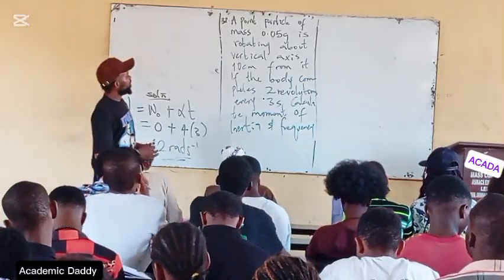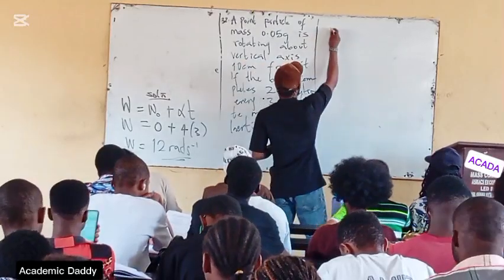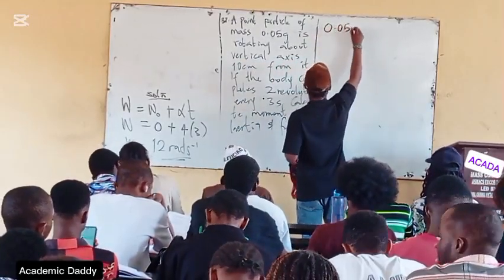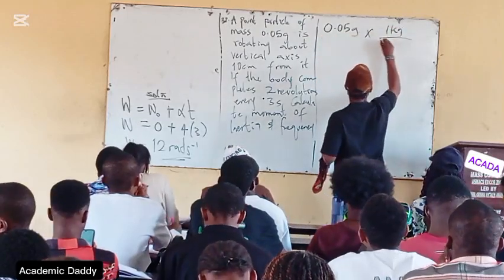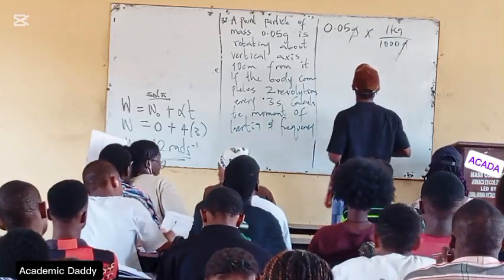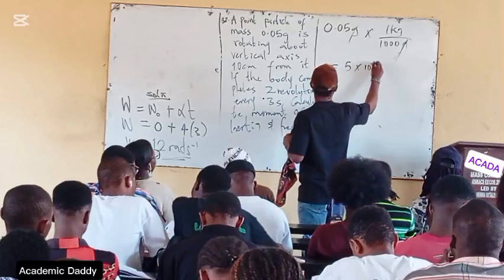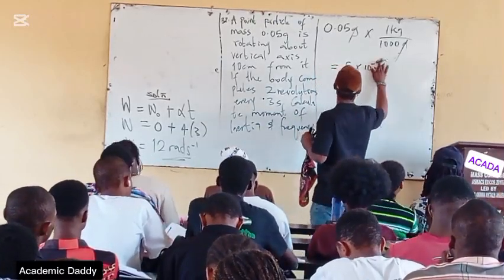So please now, a second point particle is 0.05. But we don't use 0.05 grams, is it not? Yeah. So we do 0.05 gram times 1 kg over how many grams? Gram cancels gram.